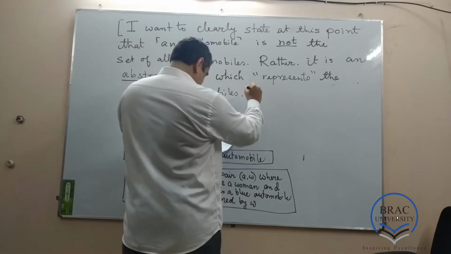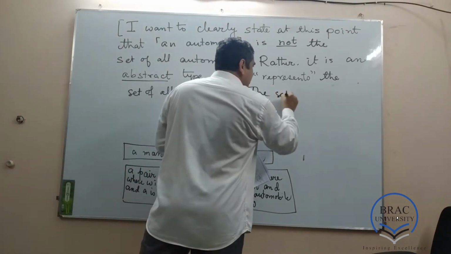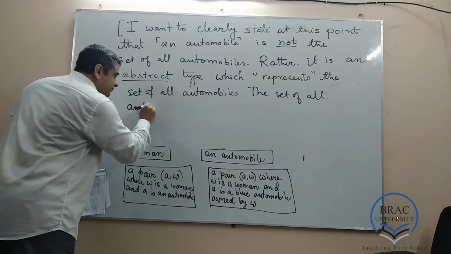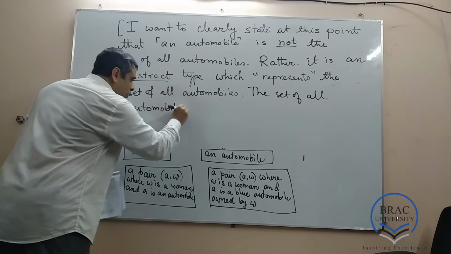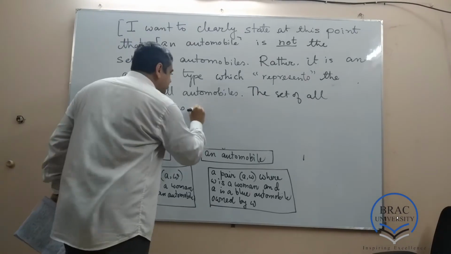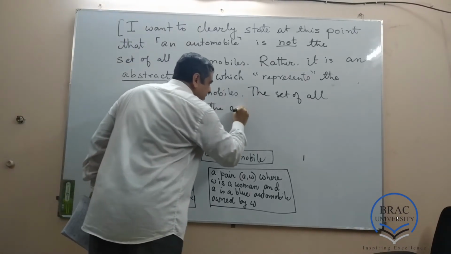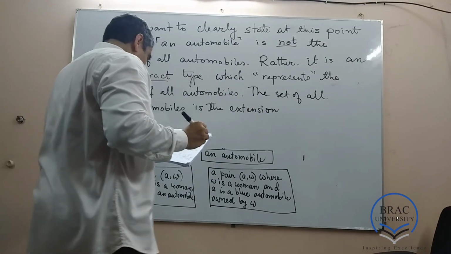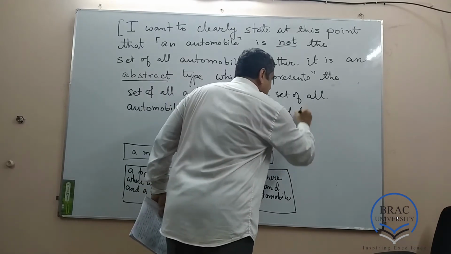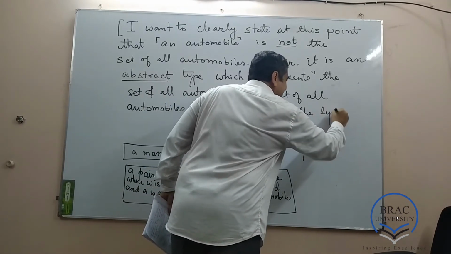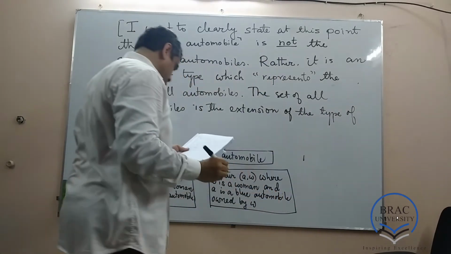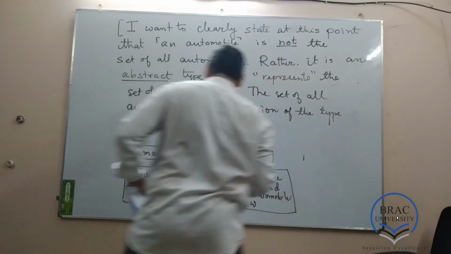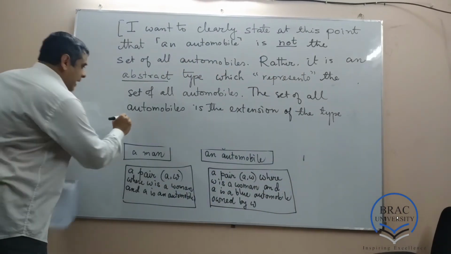Here in this example, see that the set of all automobiles is the extension of the type automobile.